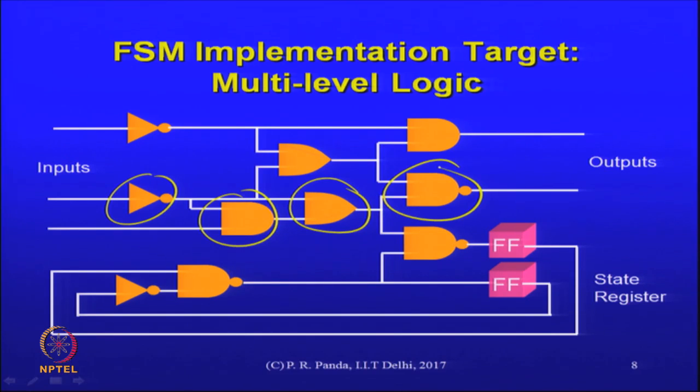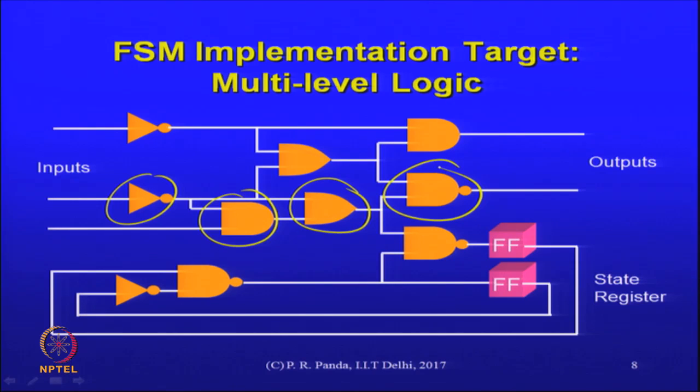In general, nobody is stopping you from having any number of levels, but the target architecture is different. You could have a standard cell based architecture where you pretty much have random logic and you can implement any number of levels. If you use one of those predefined architectures like a PLA, you are constrained with respect to what kind of expressions you can implement there.